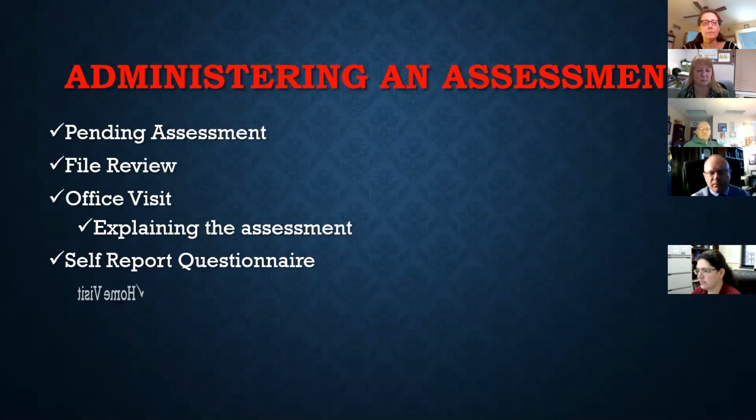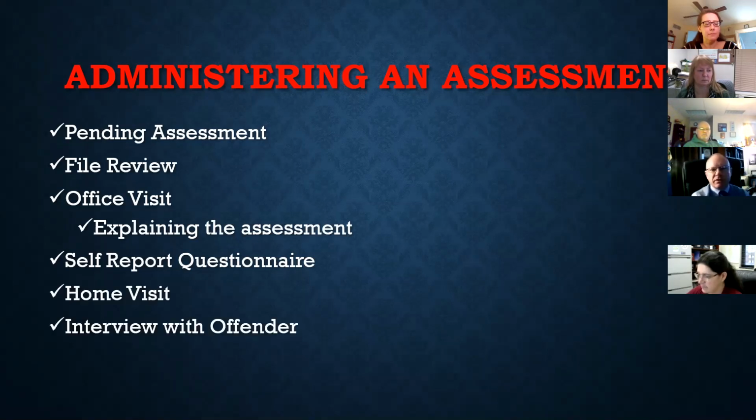A home visit's really important. We need to look at the home, again, neighborhoods, those types of things where you reside are associated with risk reduction strategies. And then the interview with the offender, and then the scoring. So again, a lot of work takes place in this.